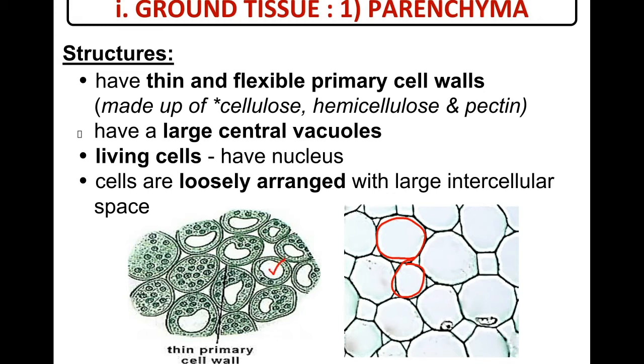They are living cells because they have a nucleus inside their cell. The cells are loosely arranged with large intercellular spaces. This is intercellular spaces. So kalau nampak macam ni, they have flexible shape, which means that they are parenchyma.